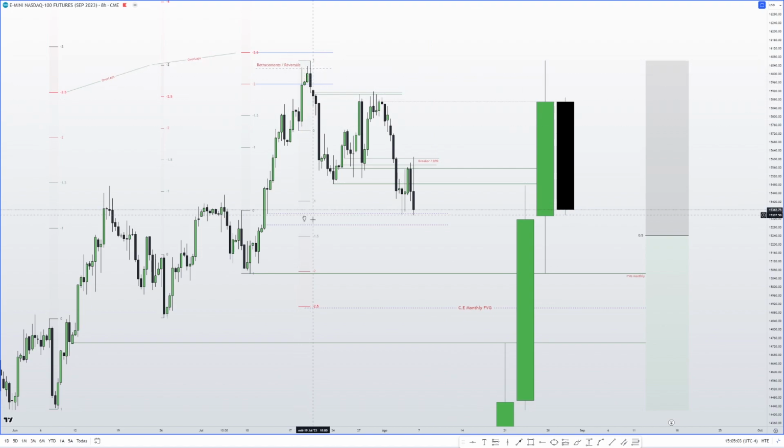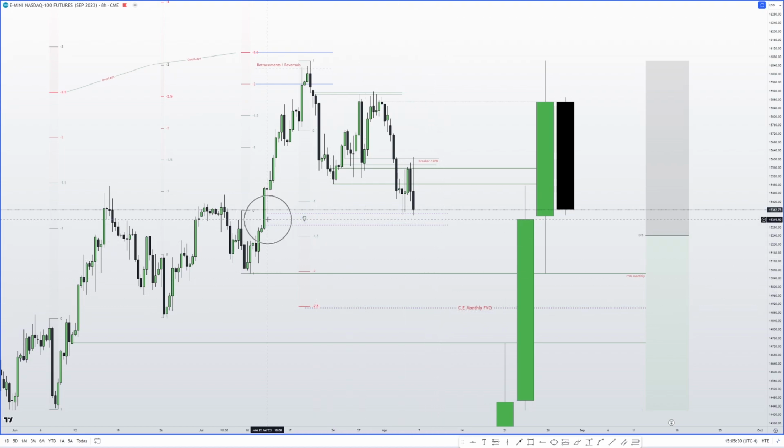And look, the 1 and 1.5 is the silver bullet zone. When price closes below this fair value gap, I have the new supernatural. I will expect the next move inside this area to offer support or resistance for the bearish moves to the monthly fair value gap.